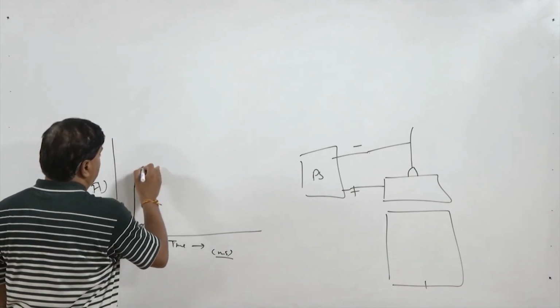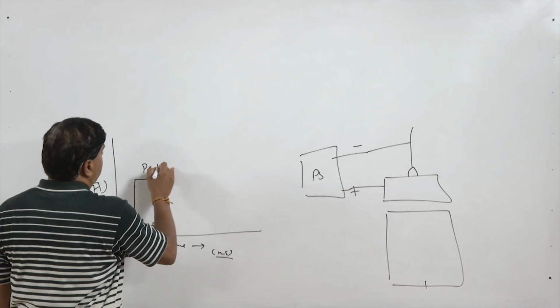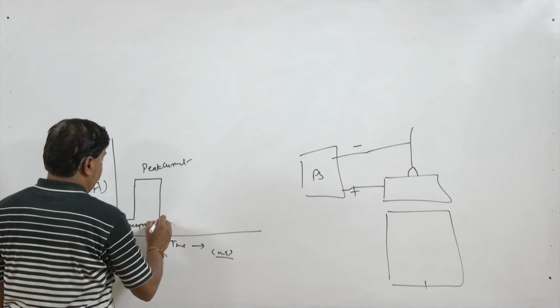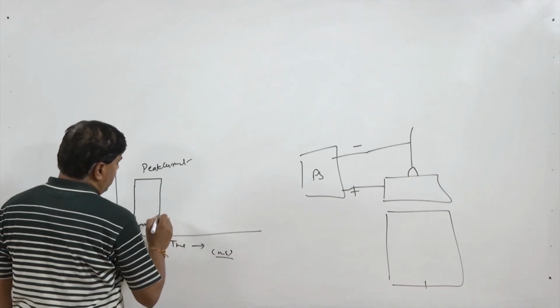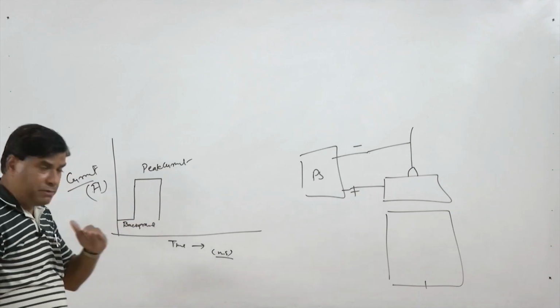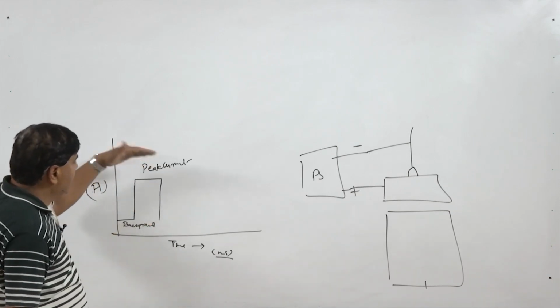This increase in level, the higher level of the current, is called peak current, and then again it is brought to the lower level. So, the current is basically pulsated between the low level and the high level.